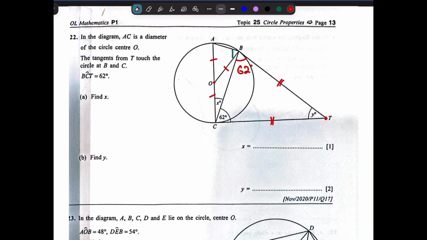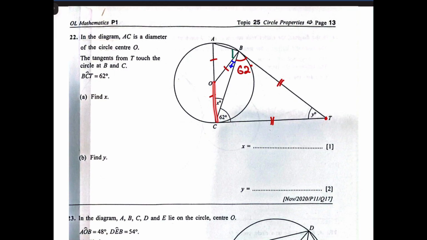Find x. So see, this is an isosceles triangle, right? So if this is x, this will be x. So let's mark this as x. And we know that a radius and tangent make a 90-degree angle. So x plus 62 is going to be 90. We can apply the same property here as well.